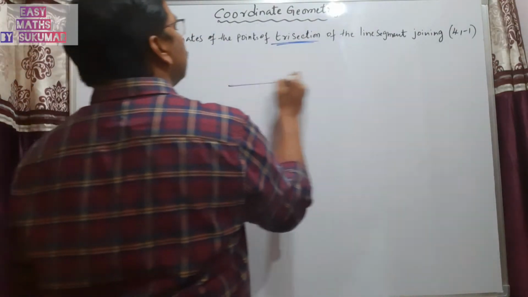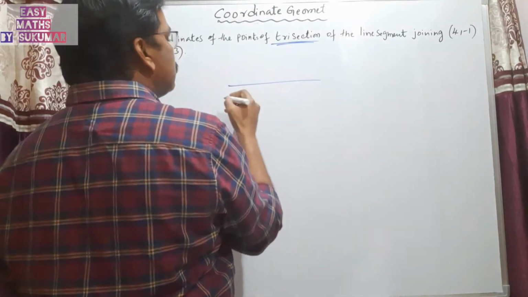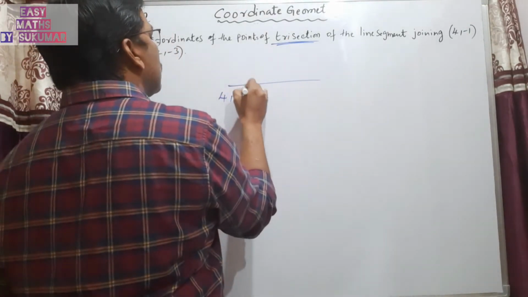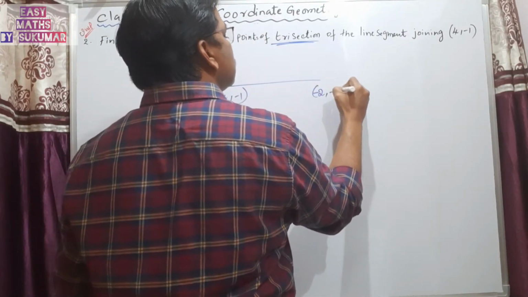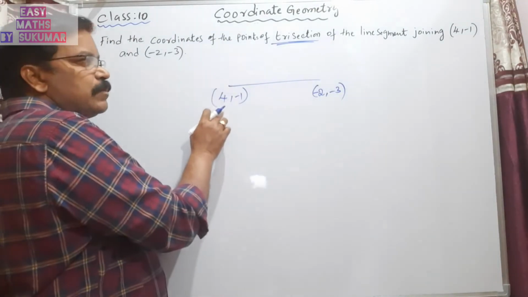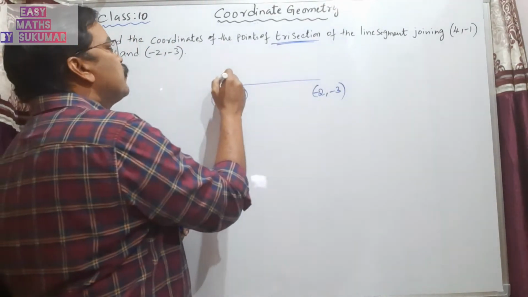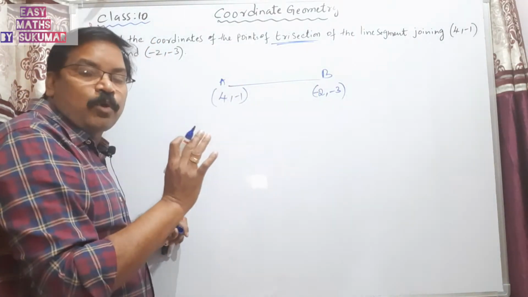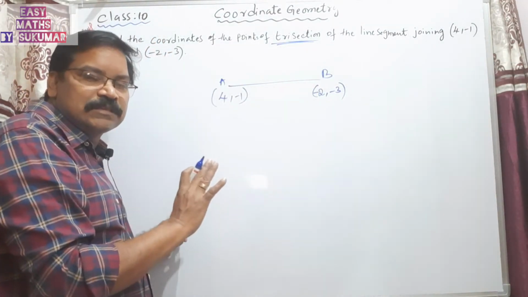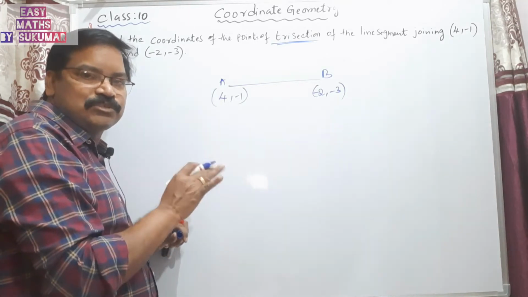See here, we should find the points of trisection of the line segment joining the points (4, -1) and (-2, -3). Suppose this is A and this is B. In the last video I also explained about points of trisection.